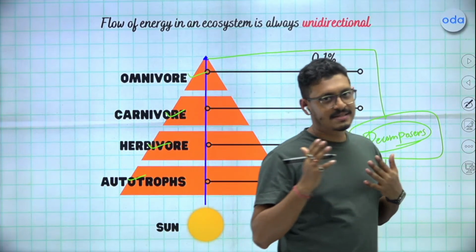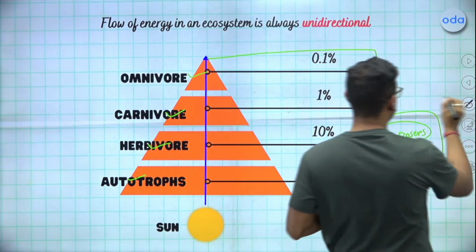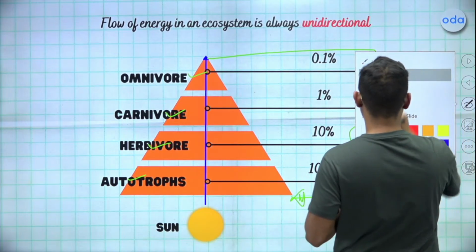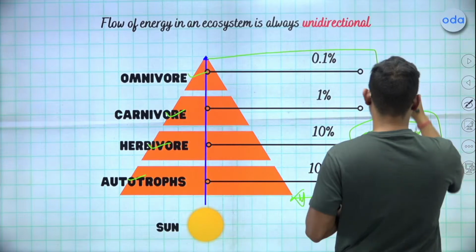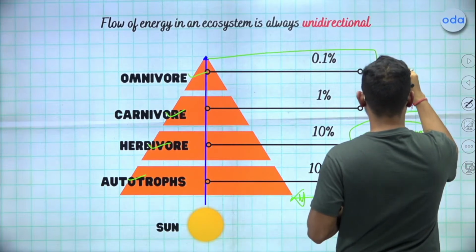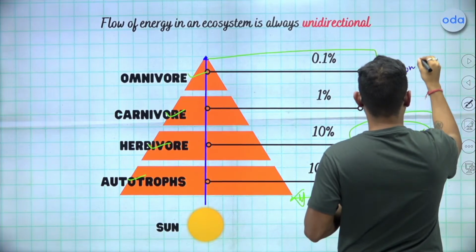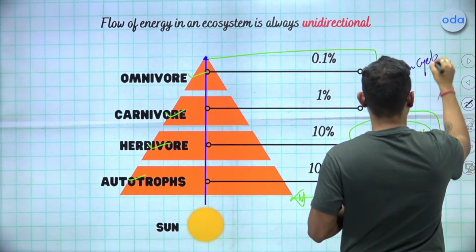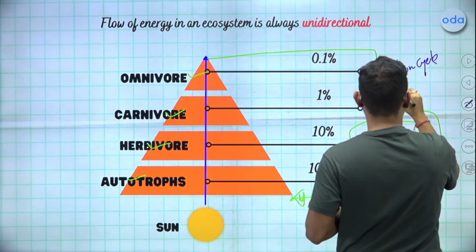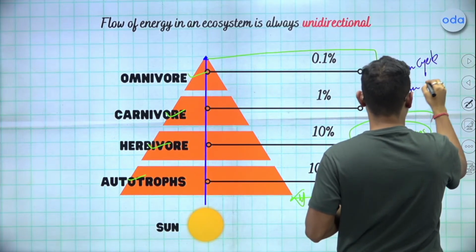Through decomposing, they also maintain many other natural cycles. In case you don't know, let me write them down. One of the notable ones would be the carbon cycle. Then you have the oxygen cycle.